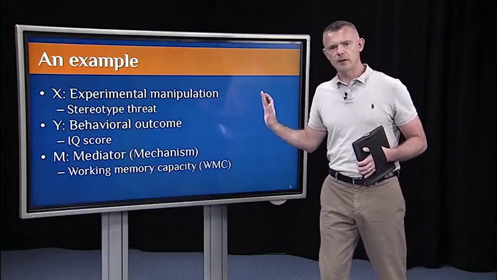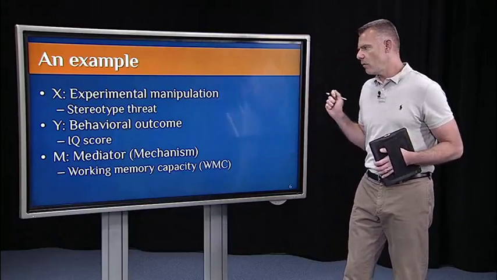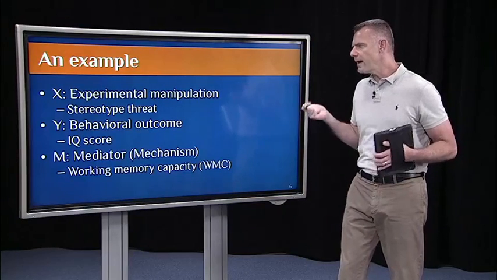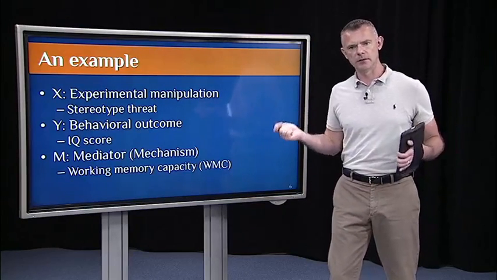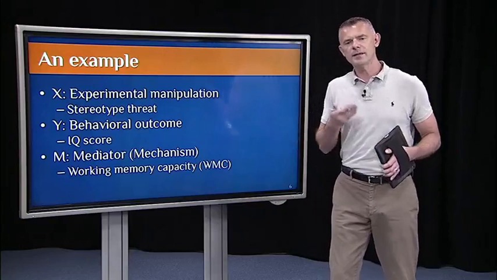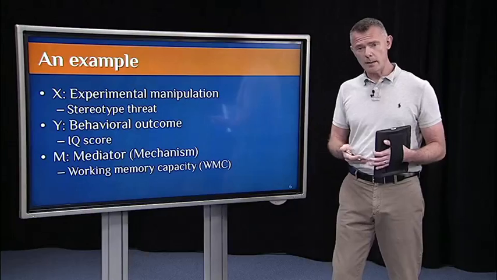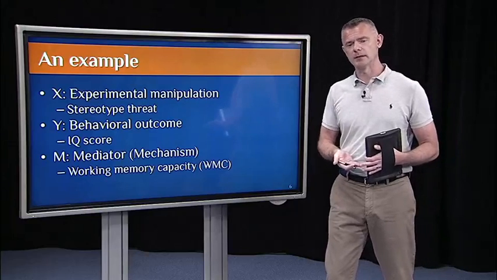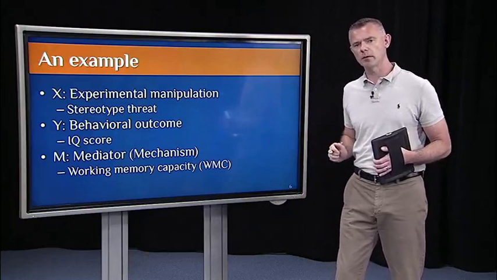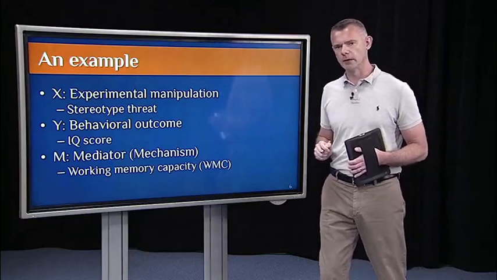This is a very different kind of hypothesis. Now we're saying, well, why does stereotype threat influence IQ? What is the mechanism through which that threat manipulation works? Well, it may be working memory capacity, and there's actually literature to support this in social and cognitive psychology.